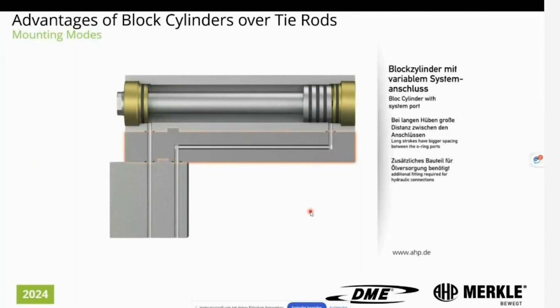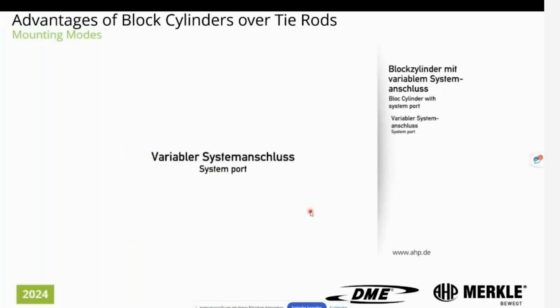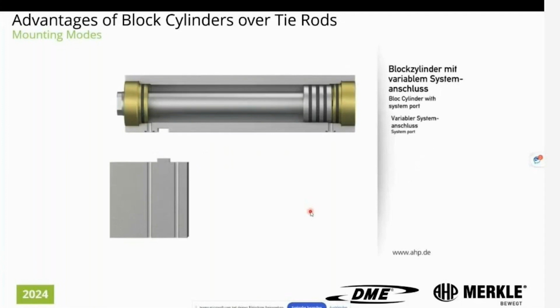So we developed a cylinder that we call our system port cylinder, where we can move or replace the inlets and outlets of the oil. So we are flexible on this. It's customized.